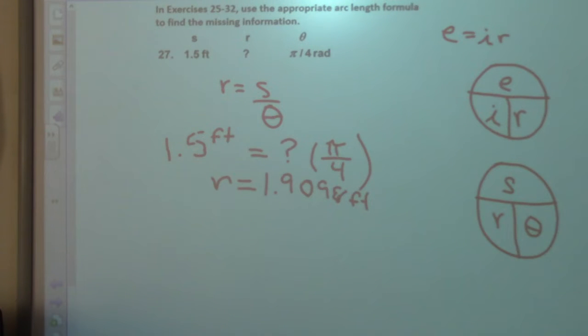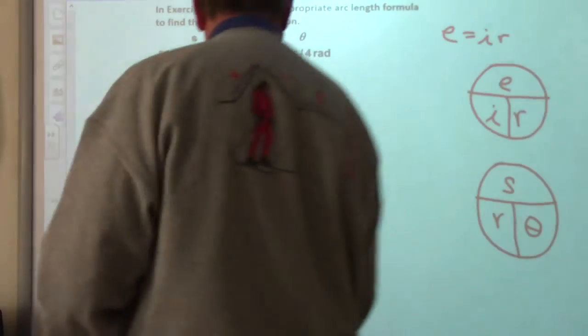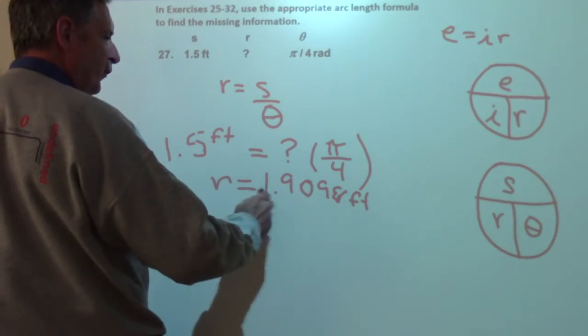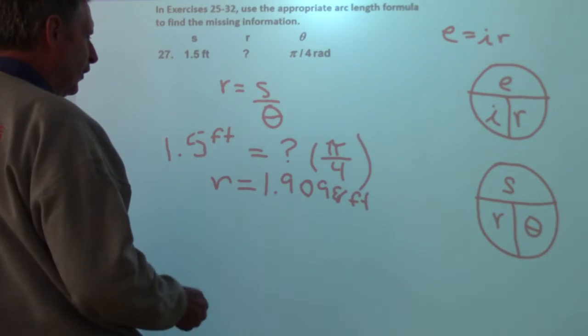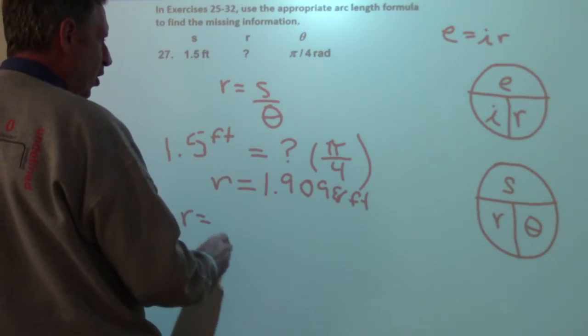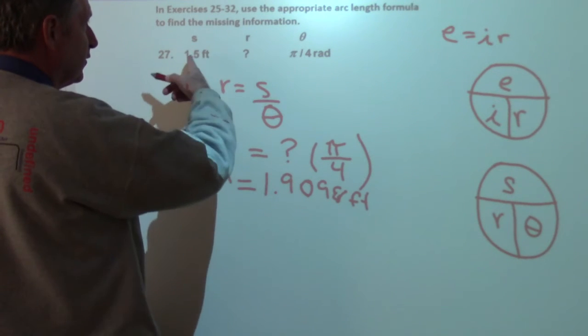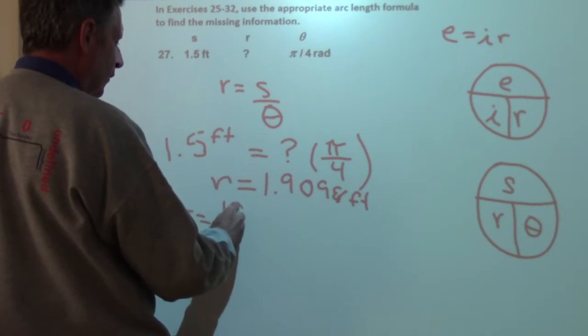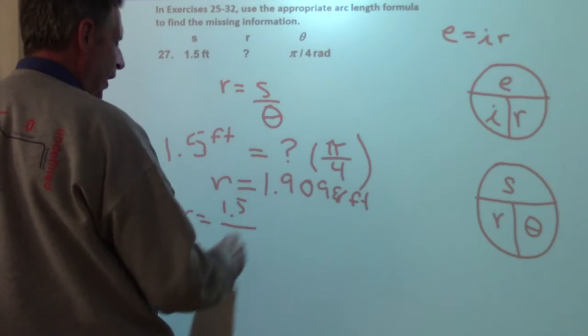One thing you can do on this: this answer is called a decimal approximation, but you can also write it as R is equal to S, which is 1.5, divided by pi over 4.